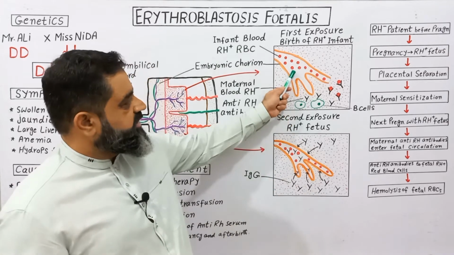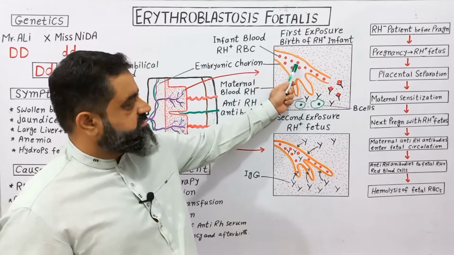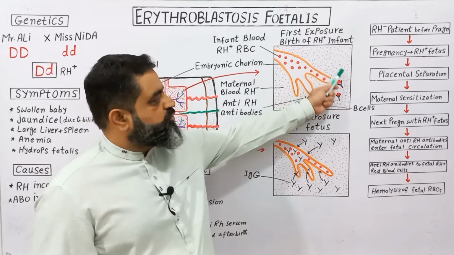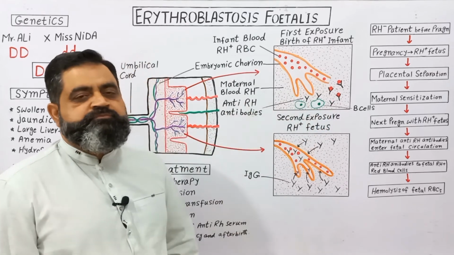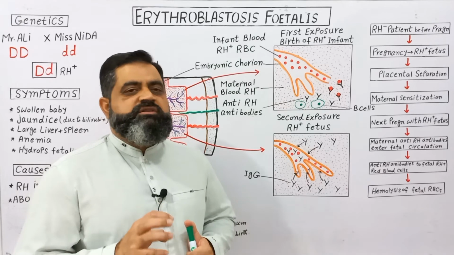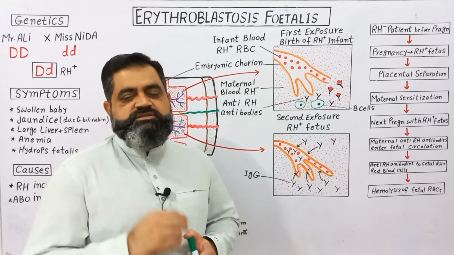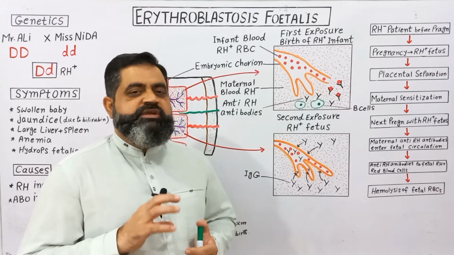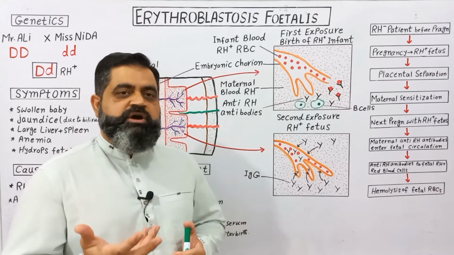You can see here that red blood cells of the fetus seep from the capillaries and enter the mother's bloodstream. Whenever a foreign particle enters the human body, the body reacts by producing antibodies against that particular antigen.